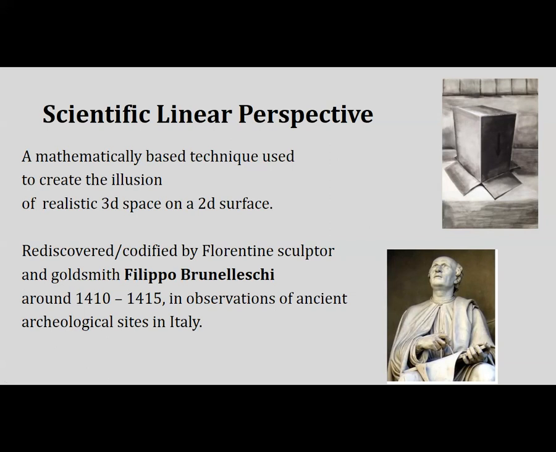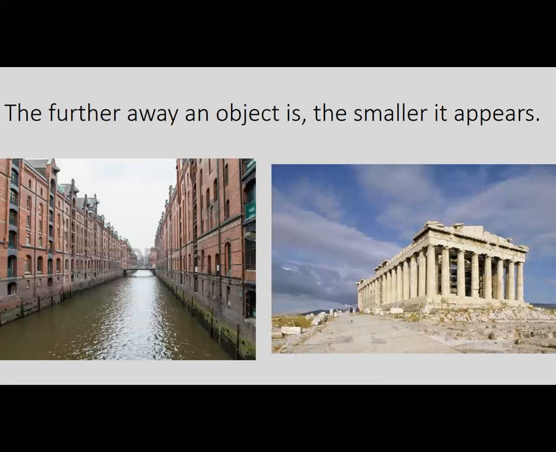And so this is a mathematically based technique used to create the illusion of realistic three-dimensional space on a two-dimensional surface. So in real life, we know, like if you're driving in your car, the further away something is, the smaller it appears to be.